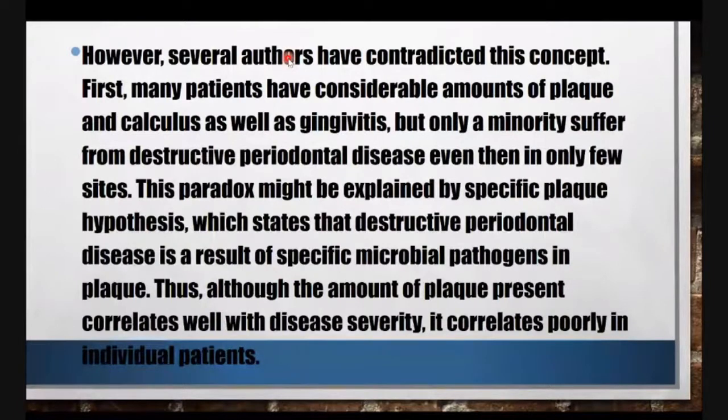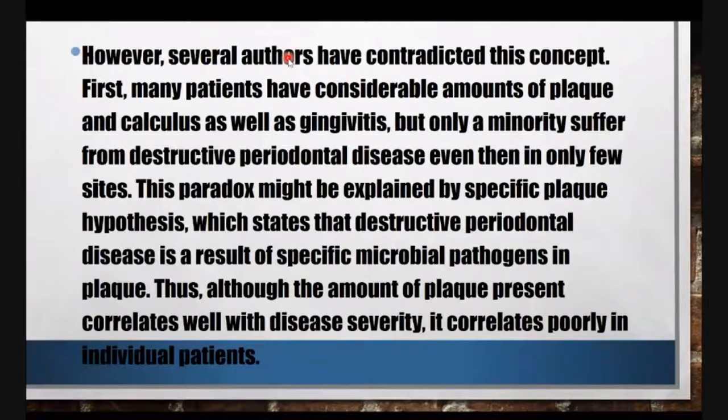However, several authors have contradicted this concept. First, many patients have considerable amount of plaque and calculus as well as gingivitis, but only a minority suffer from the destructive periodontal disease. Of course, the destructive, aggressive periodontitis needs a special type of bacteria. If it is not present, the ordinary plaque will leave us with gingivitis, maybe the beginning of mild periodontitis, and it goes away.